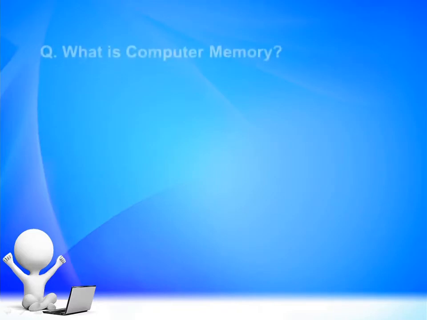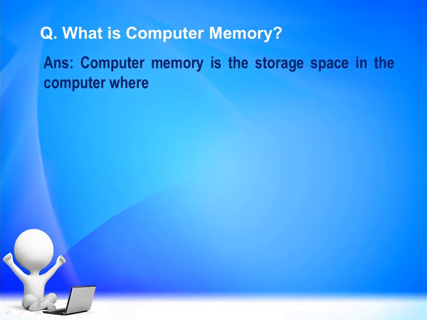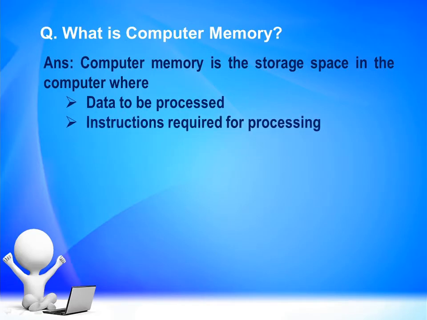Let's discuss some questions and answers. What is computer memory? Computer memory is the storage space in the computer where data to be processed and instructions required for processing are stored.